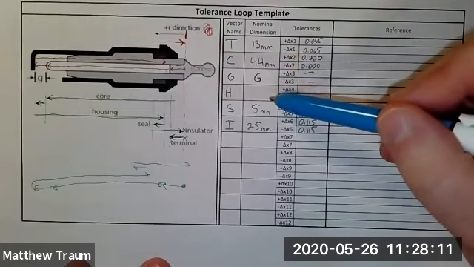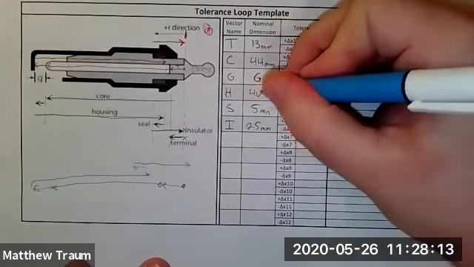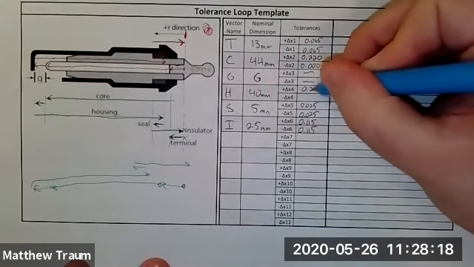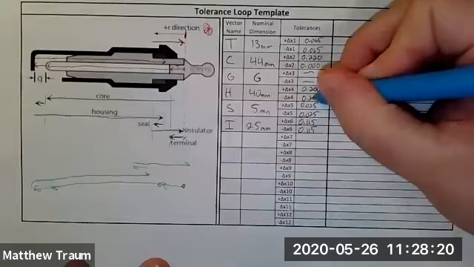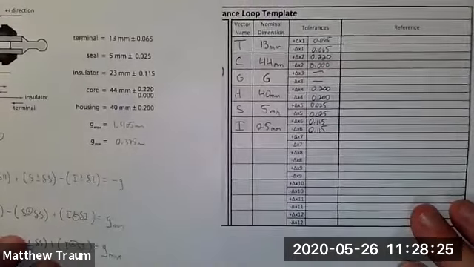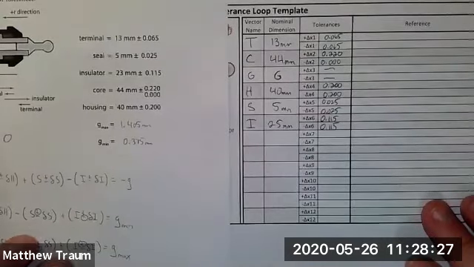And then H is the housing, so this is going to be 40 millimeters, and it's a bilateral dimension, so 0.200 and 0.200.